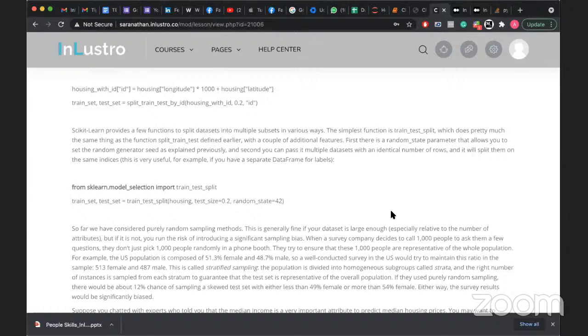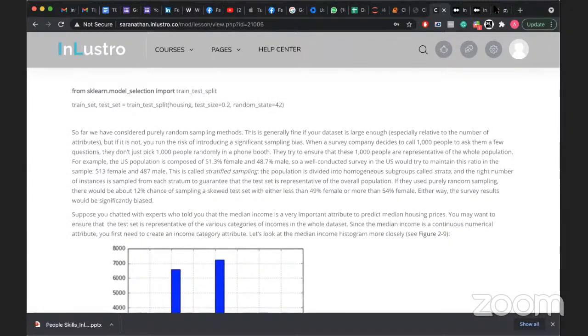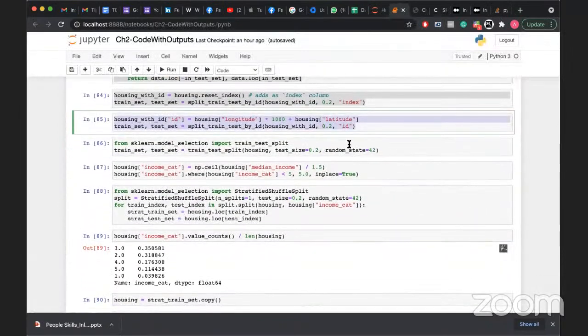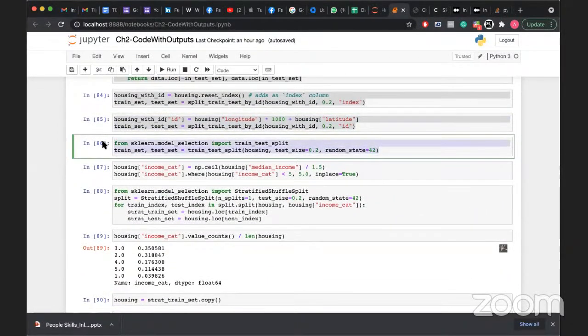Okay, so let's move on and create this piece of code to invoke the train test split method defined by scikit-learn.